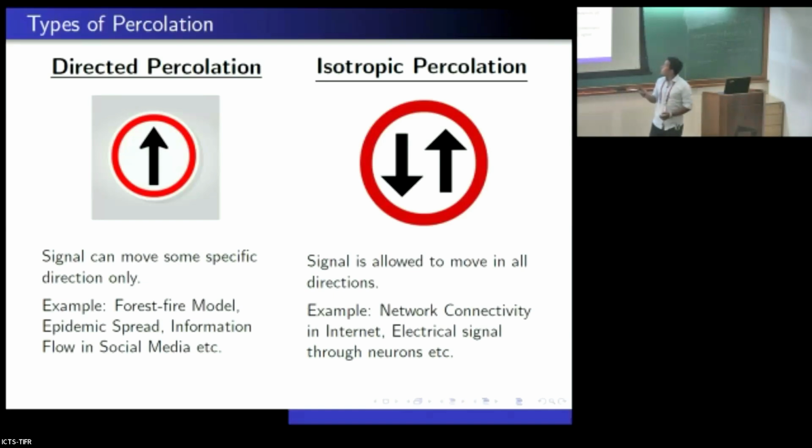In the case of isotropic percolation, all directions are allowed, for example, network connectivity and electrical signals through neurons. For our model, we deal with electrical signals, so that is why we chose isotropic percolation. And as Rup discussed bond percolation, we will discuss site percolation here.